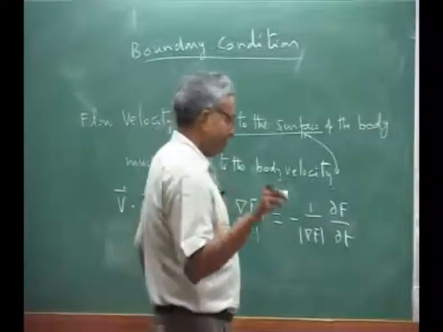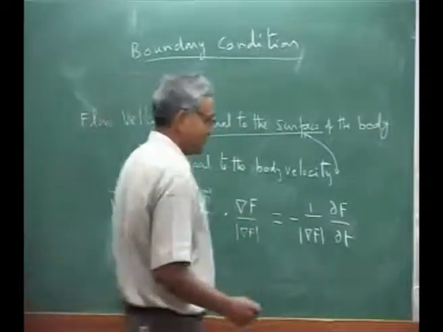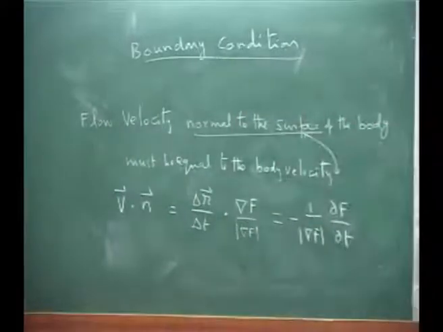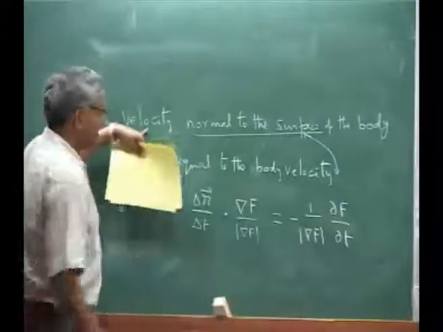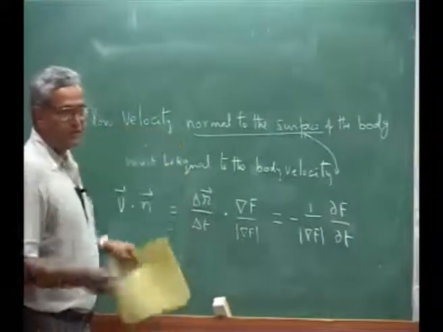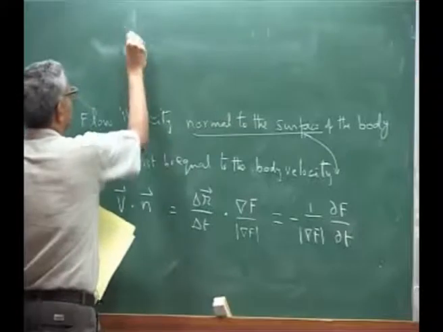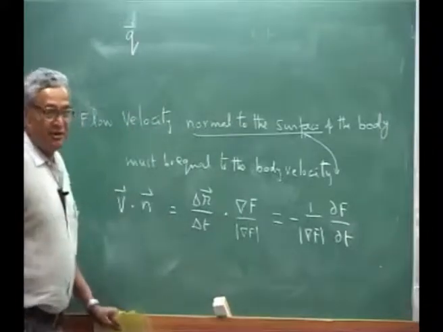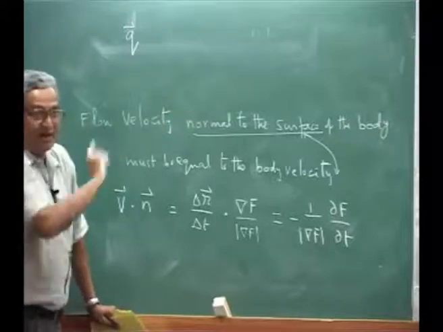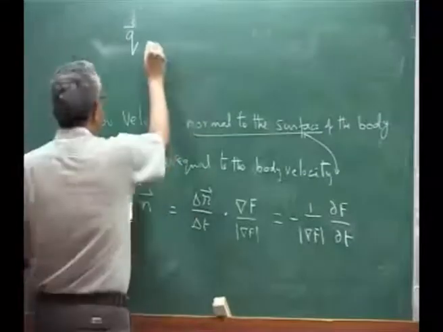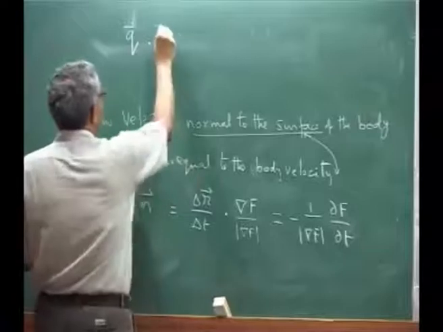Now you go to the fluid velocity. The velocity of the fluid, that is the flow velocity. Flow velocity we know, that is Q. Normal to the body means you take the same normal. So you take the dot product.